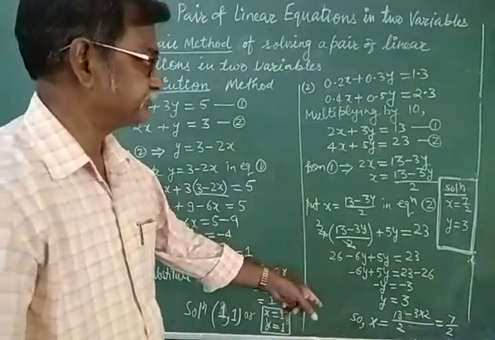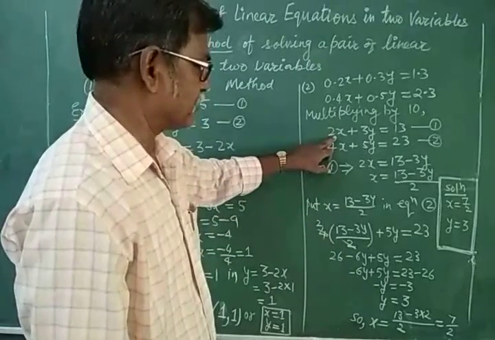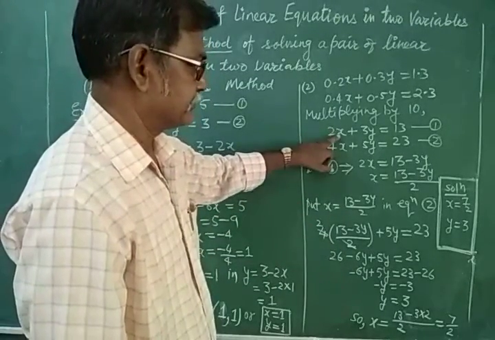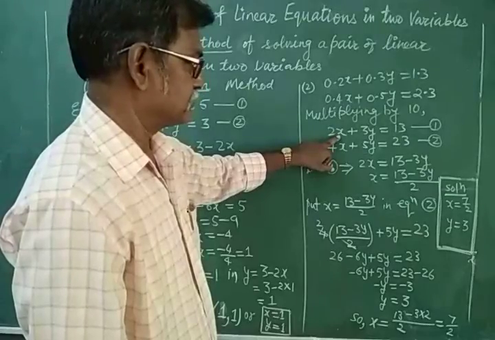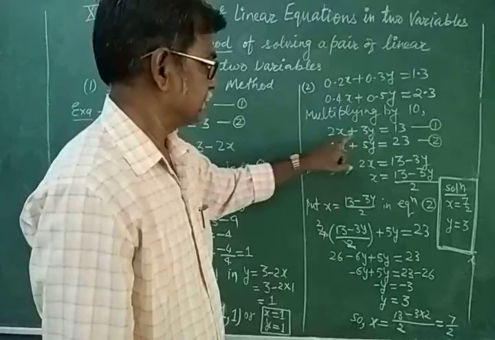We can take x is equal to 7 by 2, 2 into 7 by 2, 7 plus 3 into 3, 9.